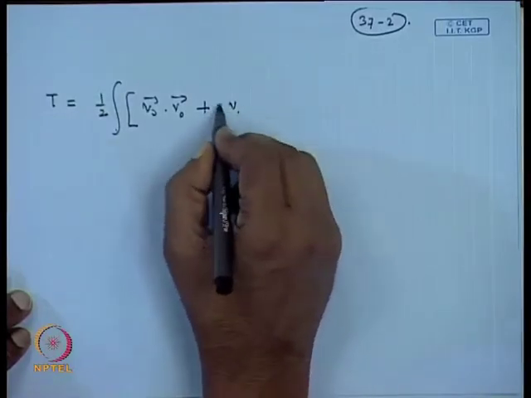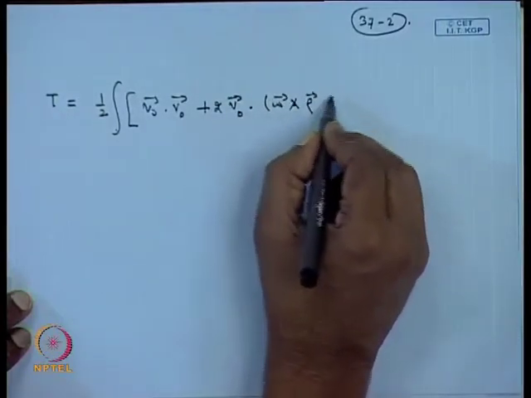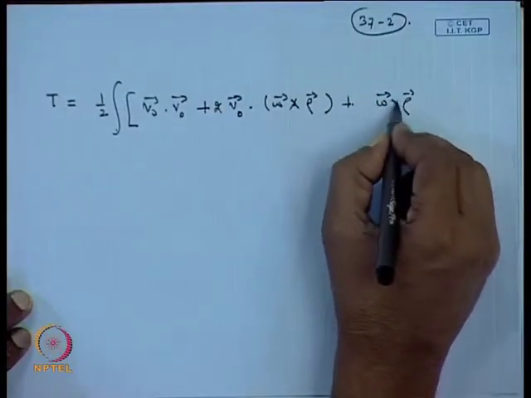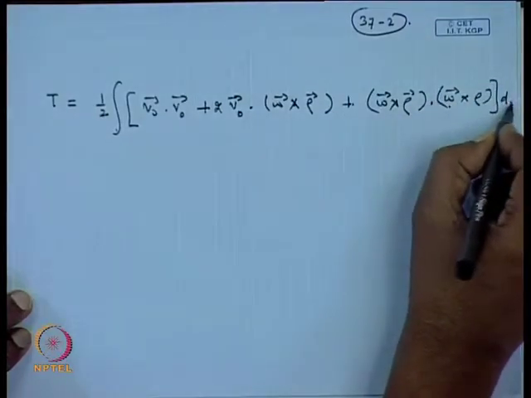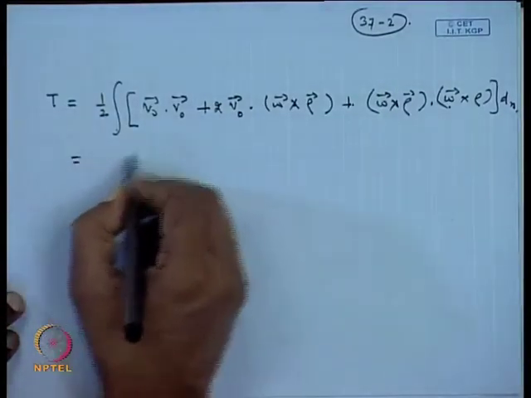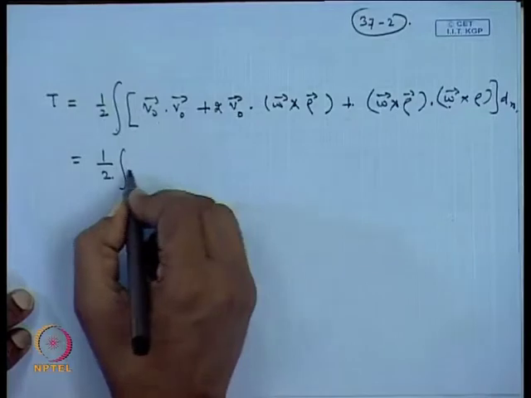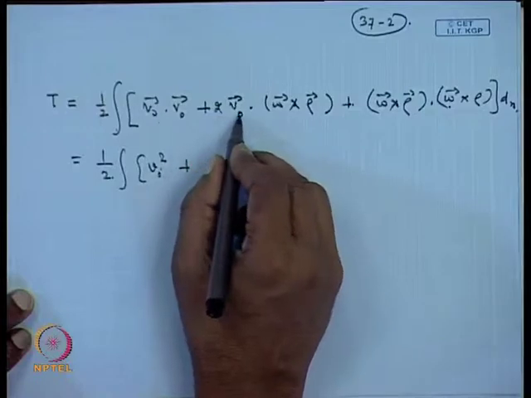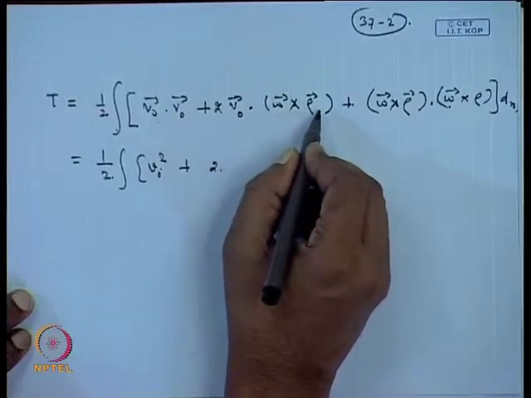Plus, we can write here 2 times v 0 dot omega cross rho, and from here we also get v 0 square.